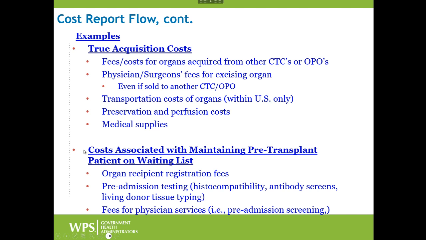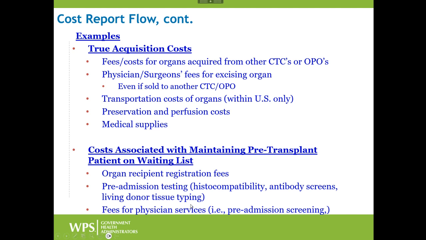Any cost, now this one seems a little odd, but any cost associated with maintaining a pre-transplant patient on the waiting list. Now that seems odd. It doesn't really seem directly related to acquisition, but it does because there are various registration fees, and the big one would be the various types of testing and screening.